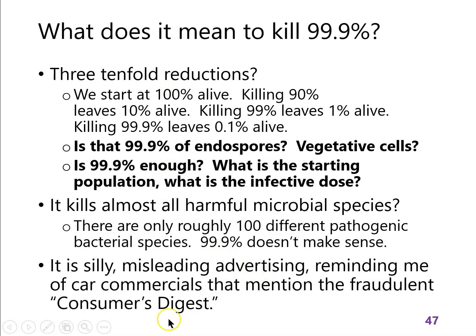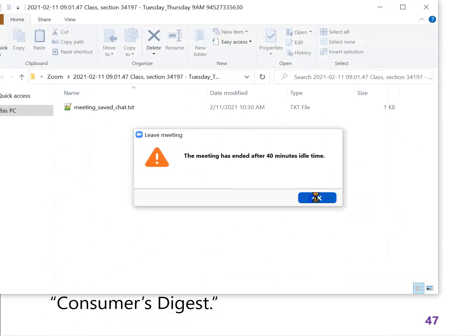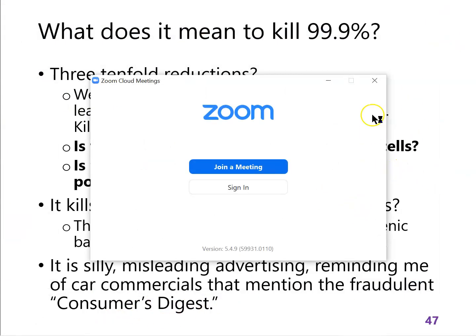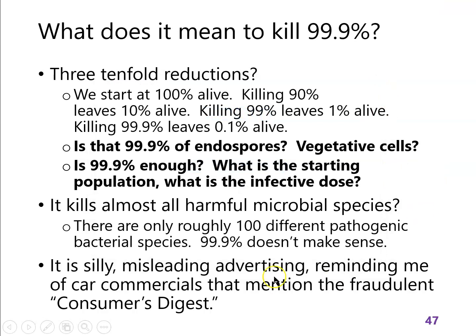It reminds me of the Consumer's Digest thing, where you'll see on car commercials, they'll say that a car is a Consumer's Digest Best Buy. And what they want is for you to mistake that for Consumer Reports. Consumer Reports is a magazine where they do extensive product comparisons, but they won't let anybody quote them in advertisements.